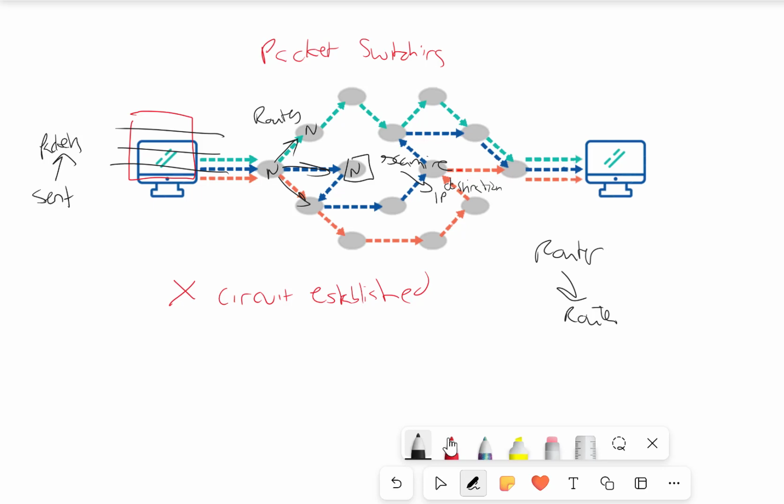Okay, cool. And then it eventually passes it to its final destination. The packets are reassembled into correct order at the final destination. But it has to wait until the final packet arrives first.